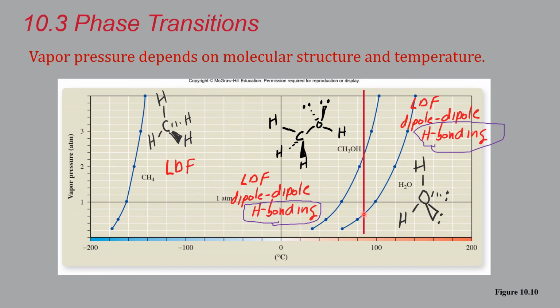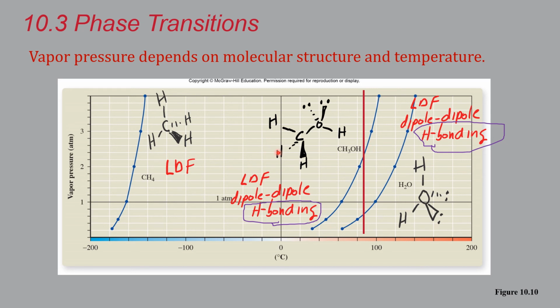And again, you can use that to imply that the intermolecular forces in methanol are weaker than they are in water, because at a particular temperature there's way more of these guys in the gas phase than there are of this one. And since the vapor pressure of methane would be way off the scale in this case, you can infer there that those intermolecular forces are much weaker than what you've got in either one of these two.